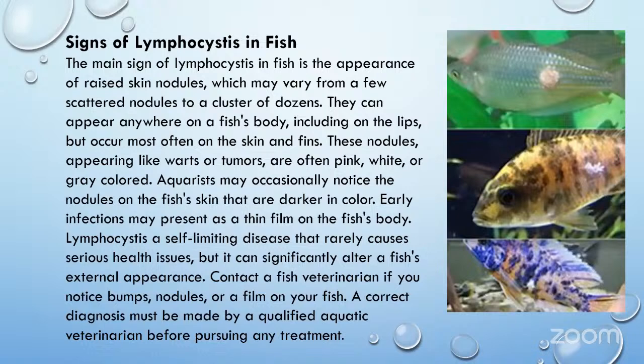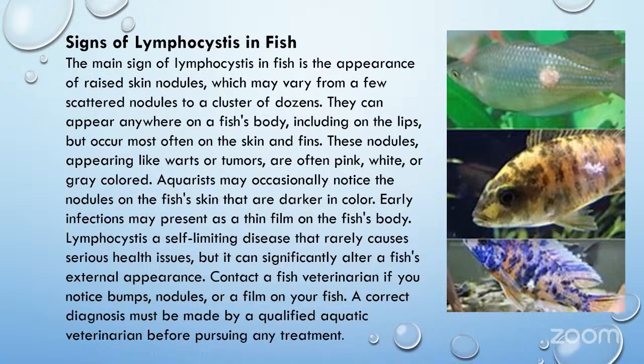Now, what are the signs of lymphocystis in fish? The main sign is the appearance of raised skin nodules, which may vary from a few scattered nodules to a cluster of dozens. They can appear anywhere on a fish's body, including on the lips, but occur most often on the skin and fins.